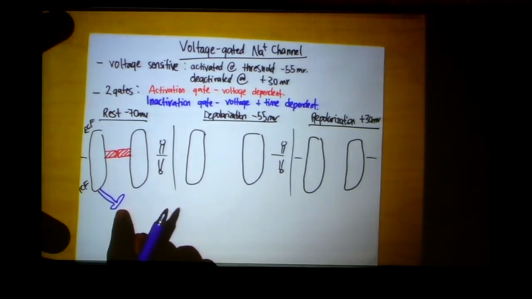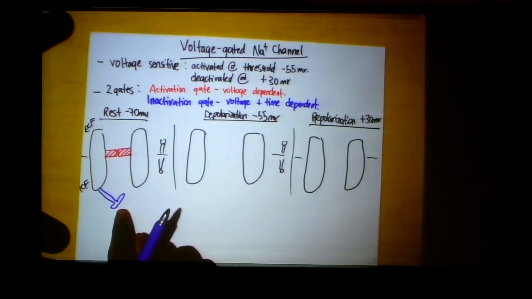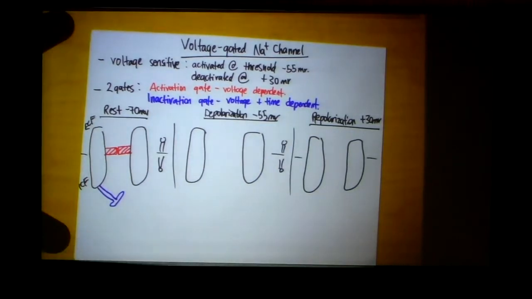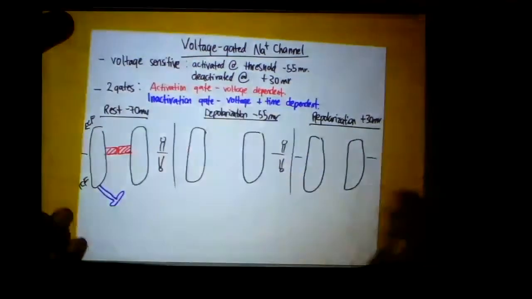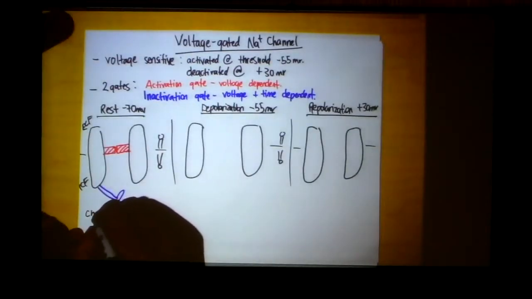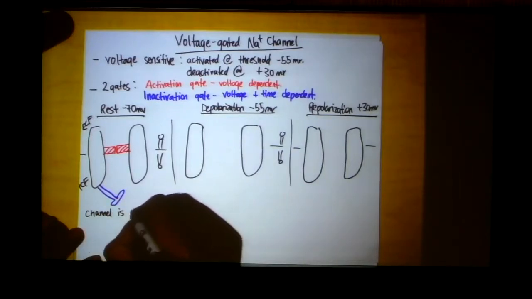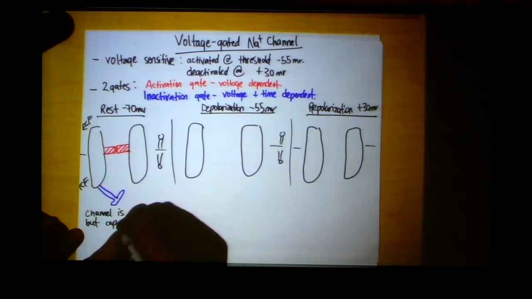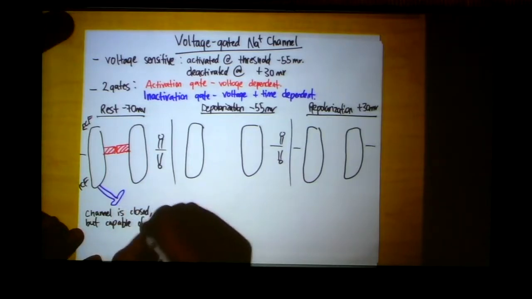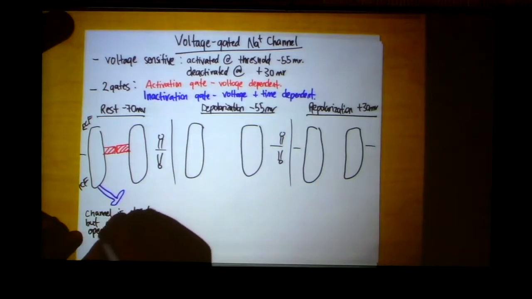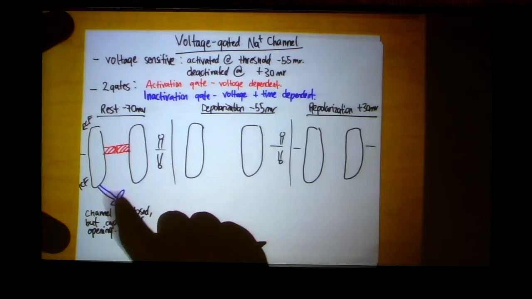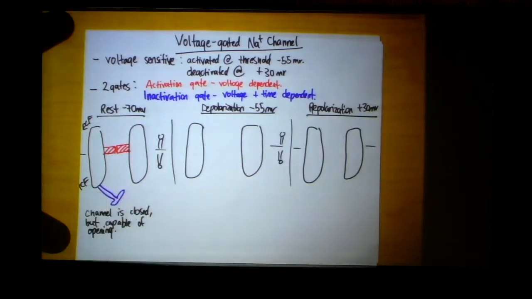And as a result, at rest, at our negative 70 millivolts, this channel is closed, but it is capable of being opened. So the channel is closed, but capable of being open, or capable of opening. Okay, and that's purely because the inactivation gate is open. This is like our second security gate.